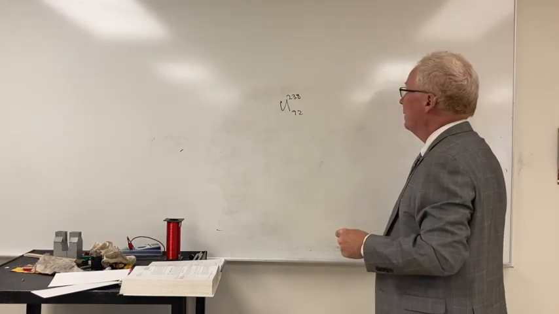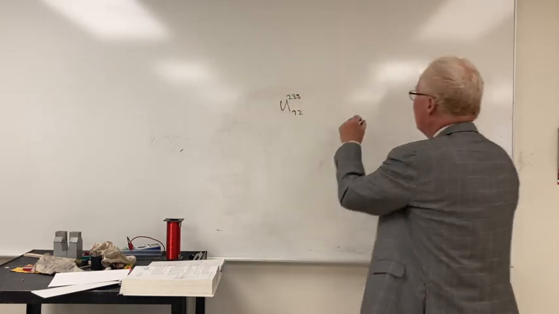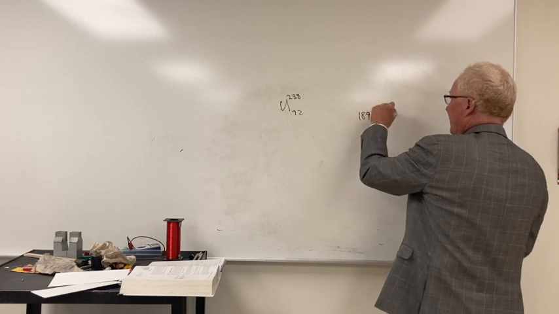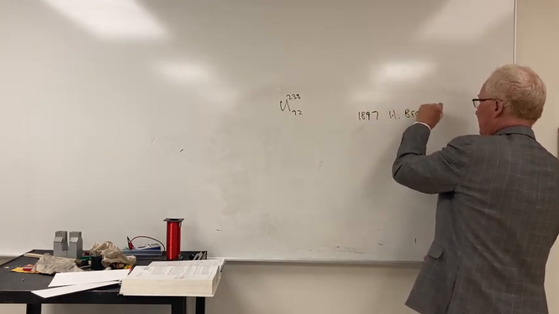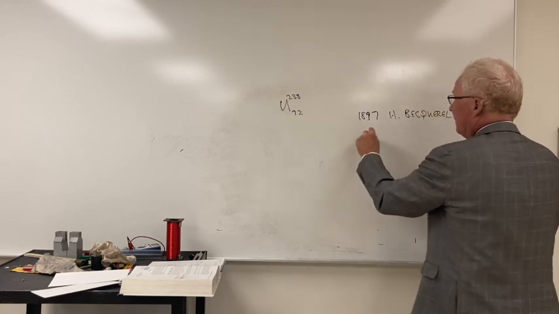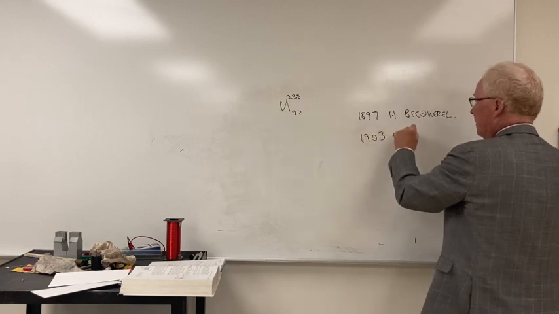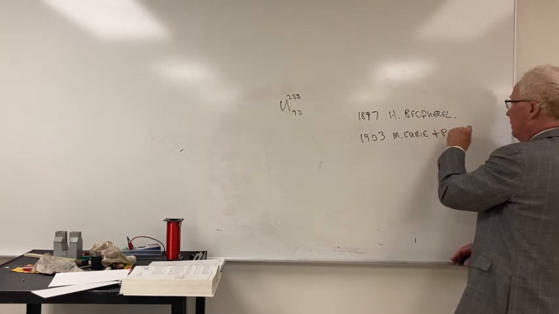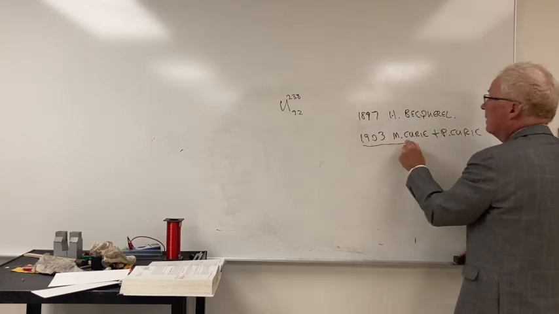And what it does, and it was discovered in 1897 by Henri Becquerel. And then in 1903 or so, by Marie Curie and her husband Pierre Curie, was more work on this.